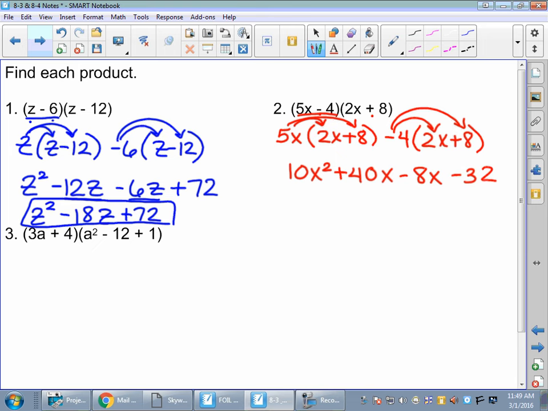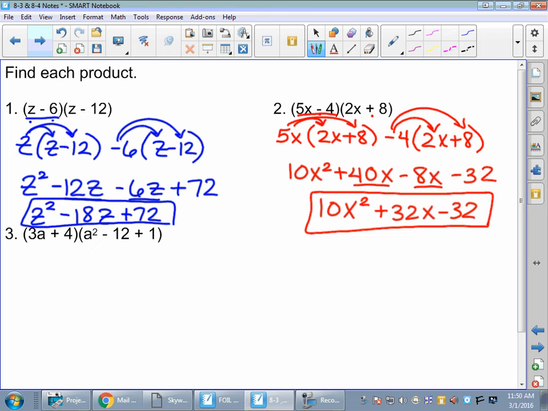Again, I look for combining like terms afterward. In these particular cases, you're going to have a lot more times where you have to combine afterward. These two middle terms are alike: a positive 40x and a negative 8x. That leaves me with 10x squared plus 32x minus 32, and that's your final product.